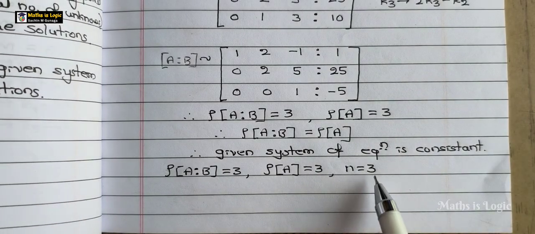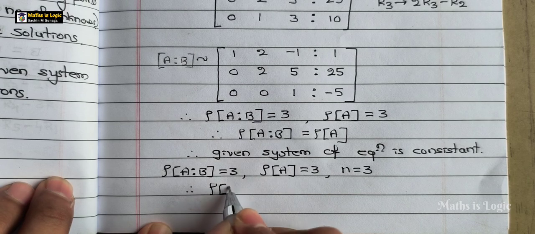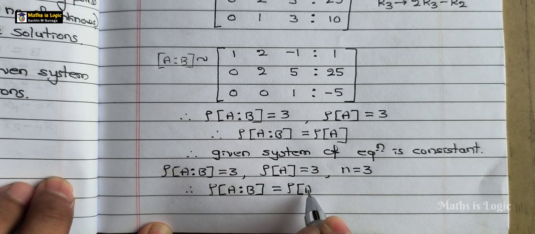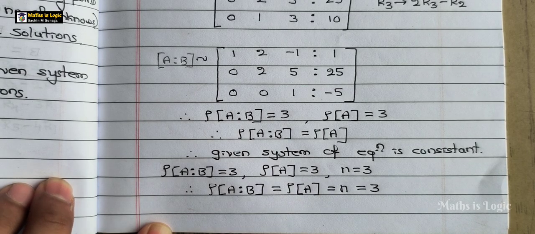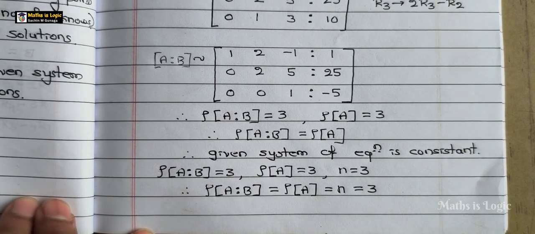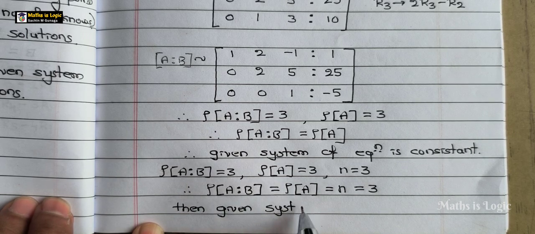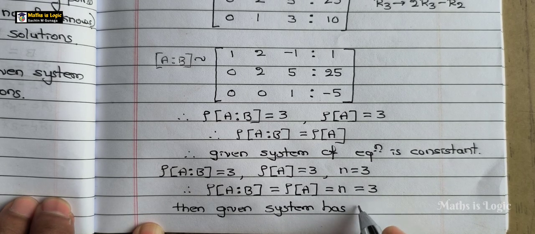Therefore the n value is 3. So the rank of the augmented matrix is equal to the rank of A is equal to n, all three are 3. Then the given system has a unique solution.